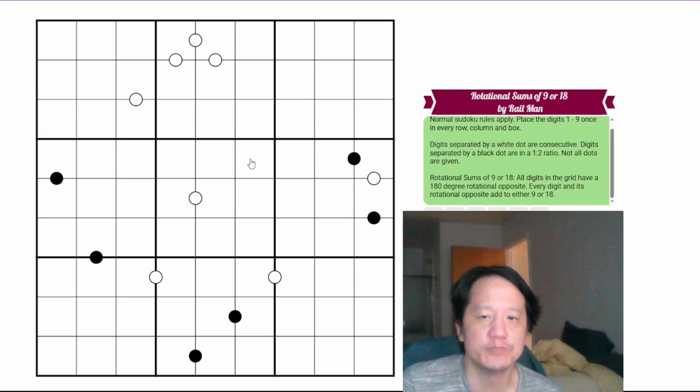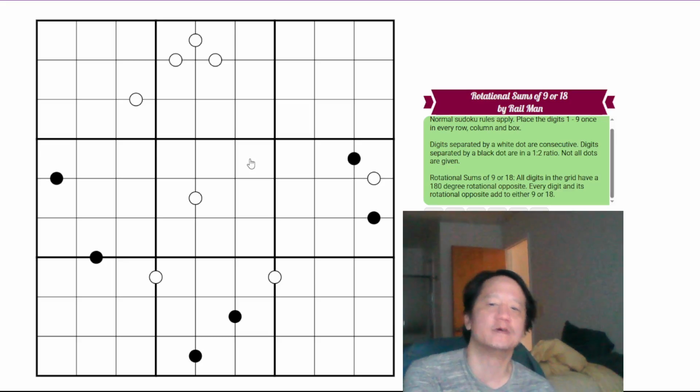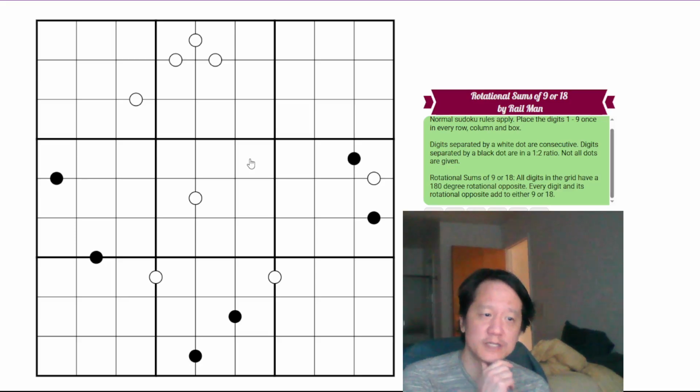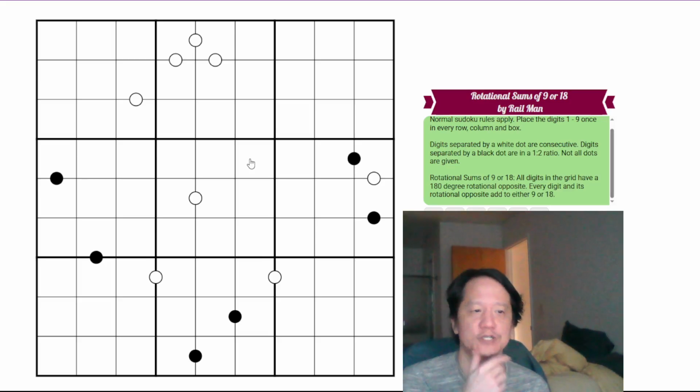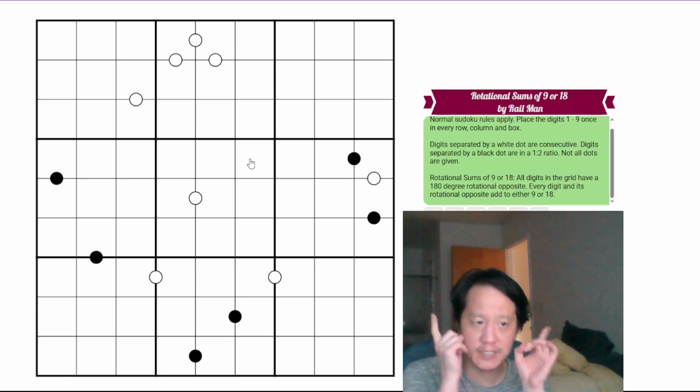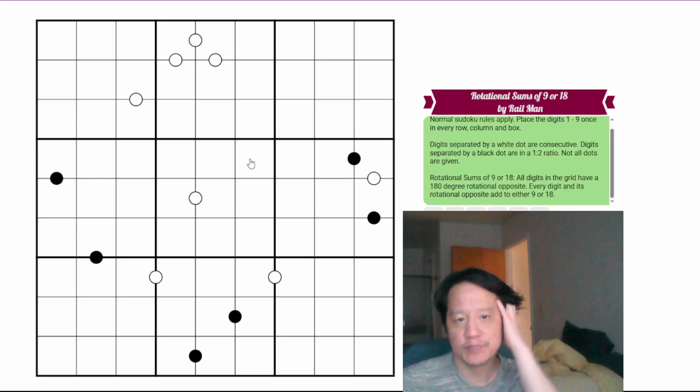Okay, to have a rotational sum of 9 or 18, that means 9 necessarily must add up to 18 for rotational sum, and every digit below 9 has to add up to 9 rotationally.